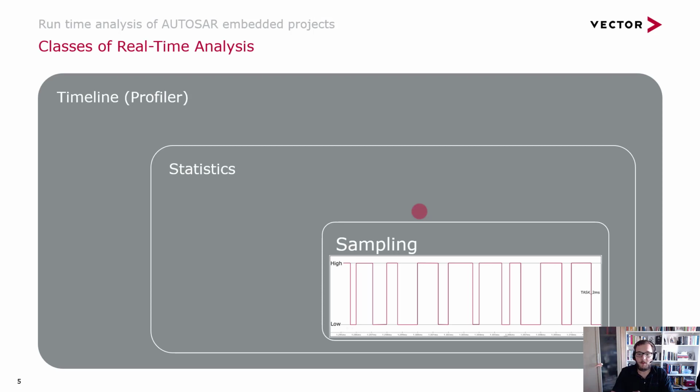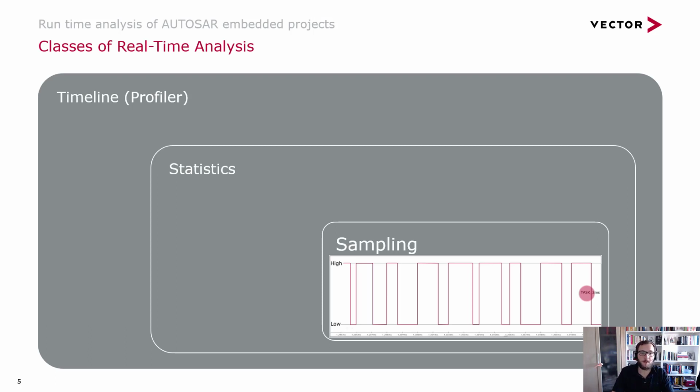So you will see a picture like this, where you're simply toggling the pin every time it's active. You can see on the oscilloscope that you have a high signal and a low signal whenever this task is not running on the core. This is a very easy method for sampling, and it's widely used in different projects.